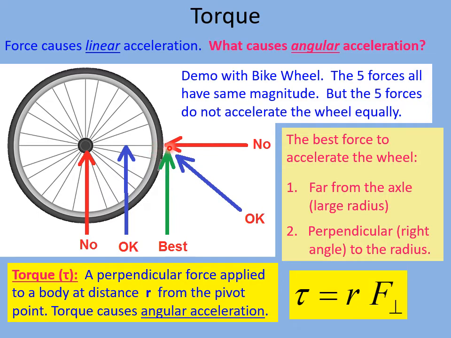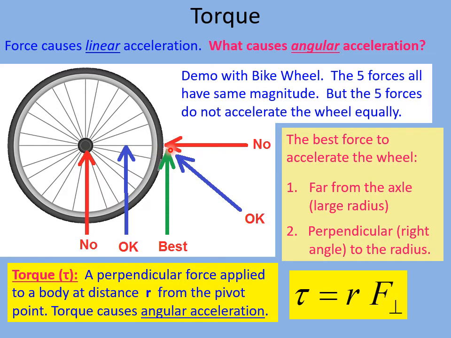So there are a couple options that are sort of good. In other words, we can push somewhere in here, let's say on one of the spokes in this direction, or maybe we could push out here at an angle, and those will certainly work to turn the wheel, but they're not the best. The best way to get the wheel to accelerate is to push out here on the rim or the edge of the wheel and to push at a right angle to the radius at which we push.